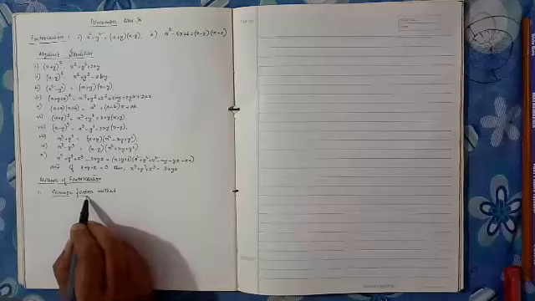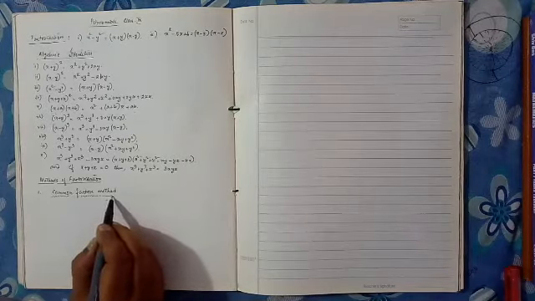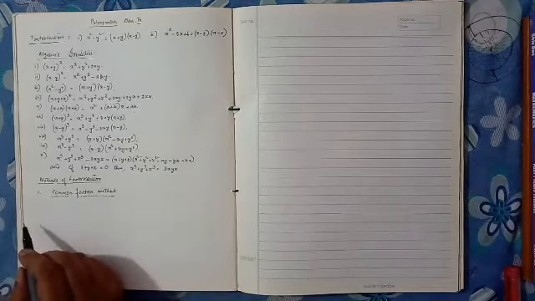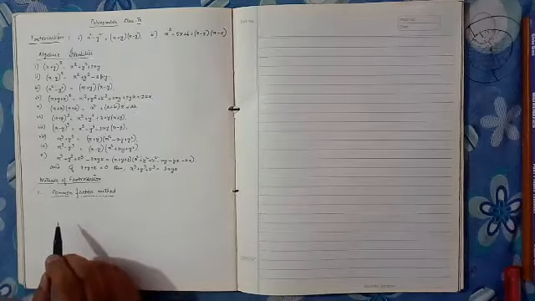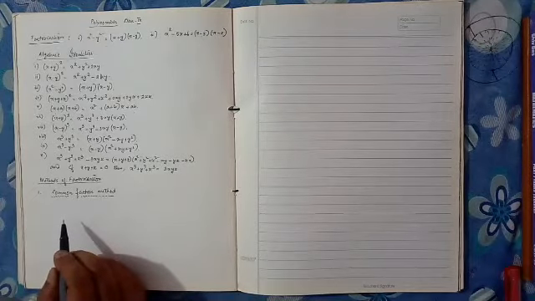Now, what is the common factors method? When each term of an expression has a common factor, we divide each term by this factor and take it out as a multiple.